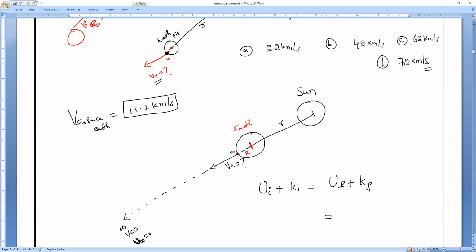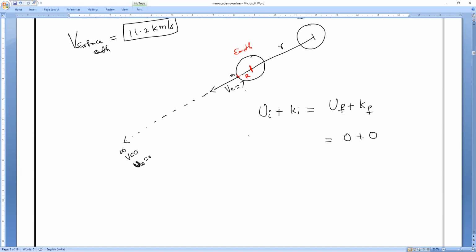Initially we have two bodies: one is the mass of earth and the small m mass, next is the mass of sun and the small m mass.